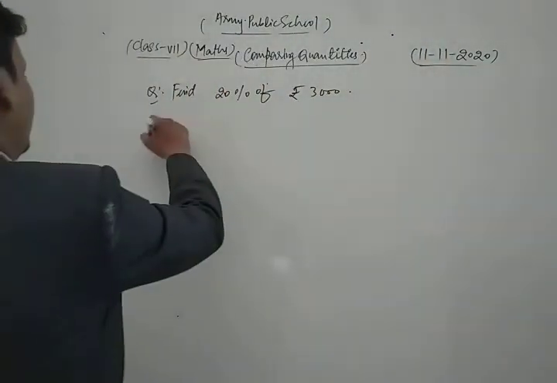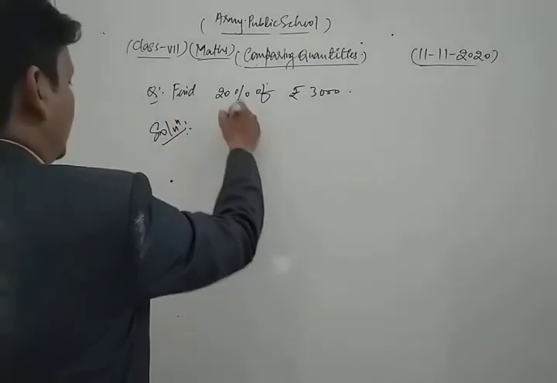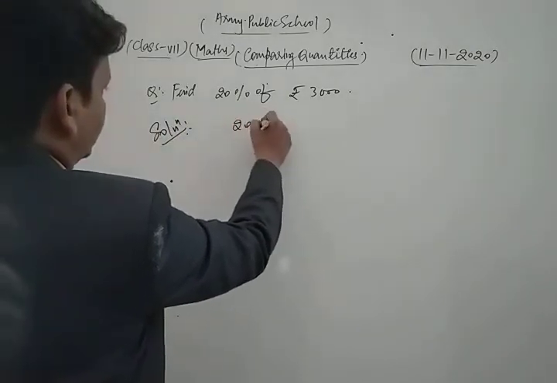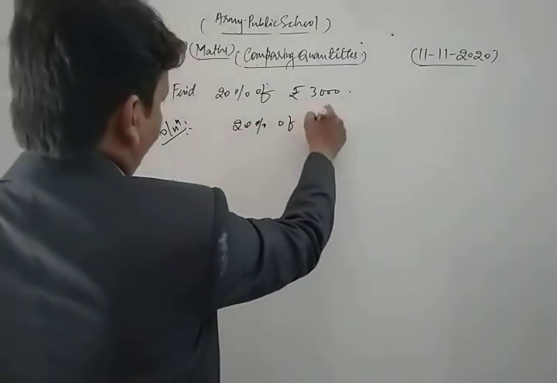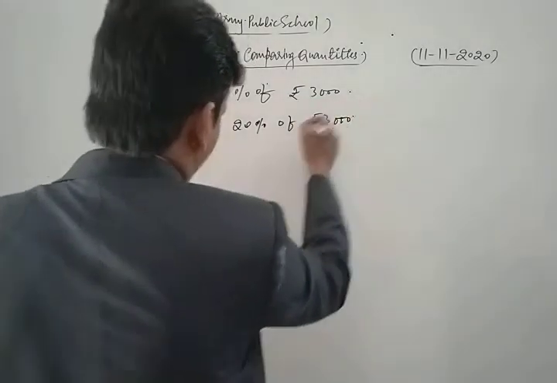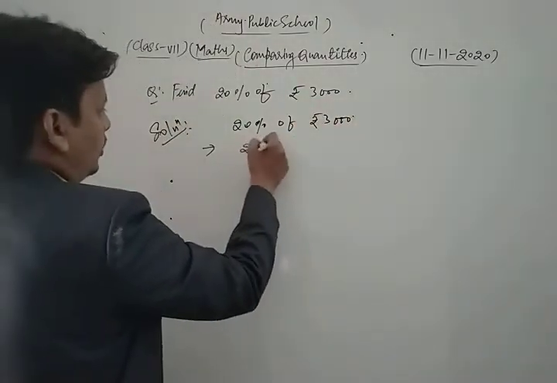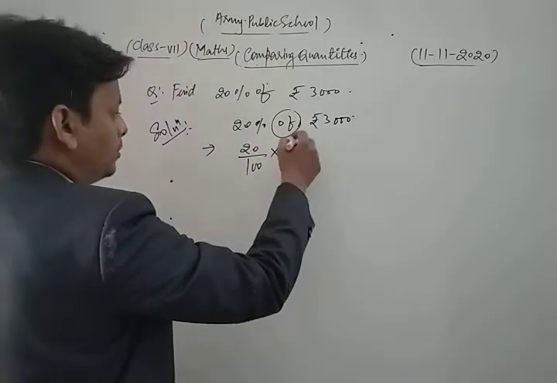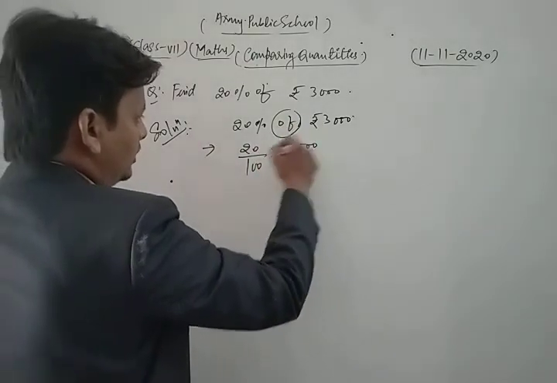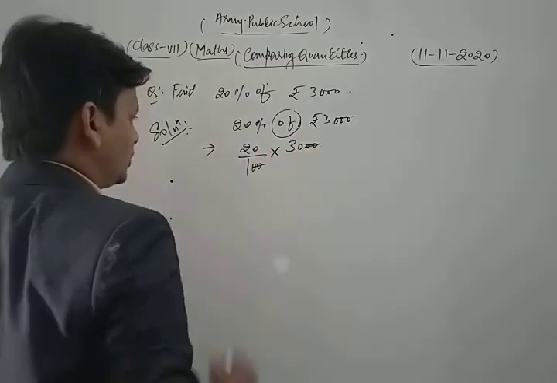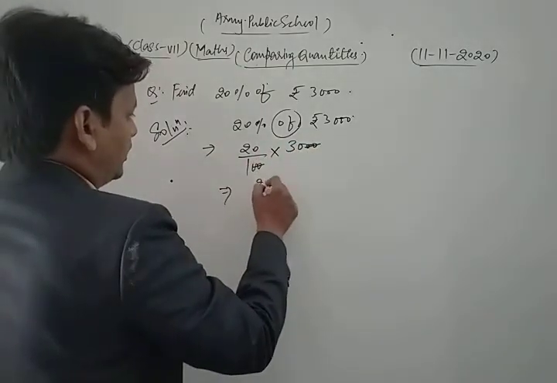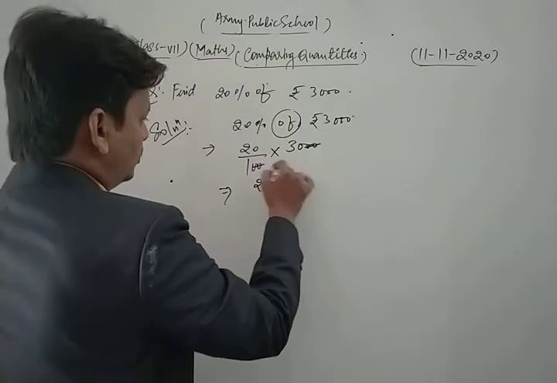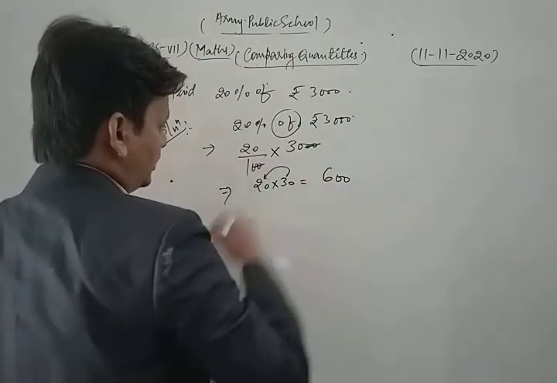So we can resolve it in this way. 20% of rupees 3000 means, dear friends, 20 upon 100 into 3000, where "of" means multiplication. So the 100 cancels, and we get 20 into 30, which is 600.